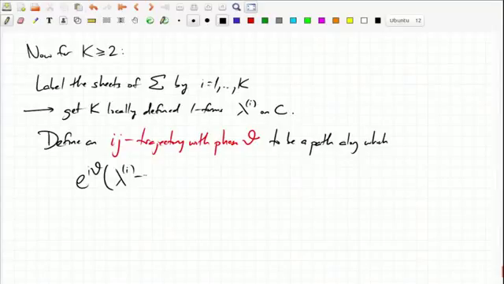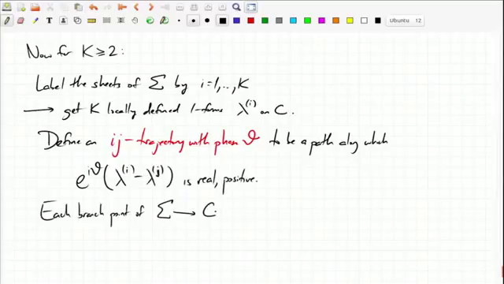And now I look at all of the branch points of the covering. So I have this covering Sigma over C. It has some branch points, and each branch point is a place where 2 of the sheets are coming together. So a branch point of type ij. From the point of view of the 2-dimensional theory, these are places where some BPS soliton on the defect would be becoming massless.